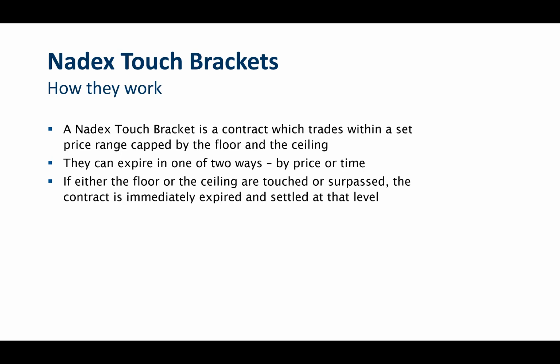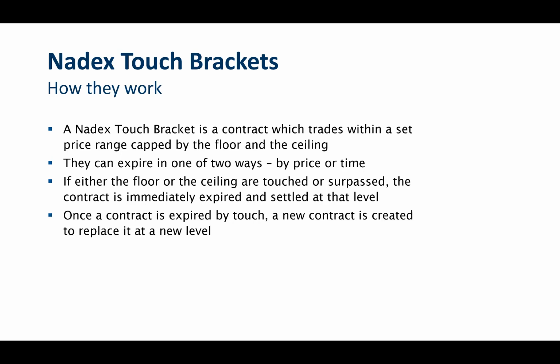With a touch bracket, if either the floor or the ceiling of the contract is touched or surpassed, the contract is immediately expired and settled at that level. So for example, if the floor of a contract is touched, that contract is immediately expired at the exact level of the floor.